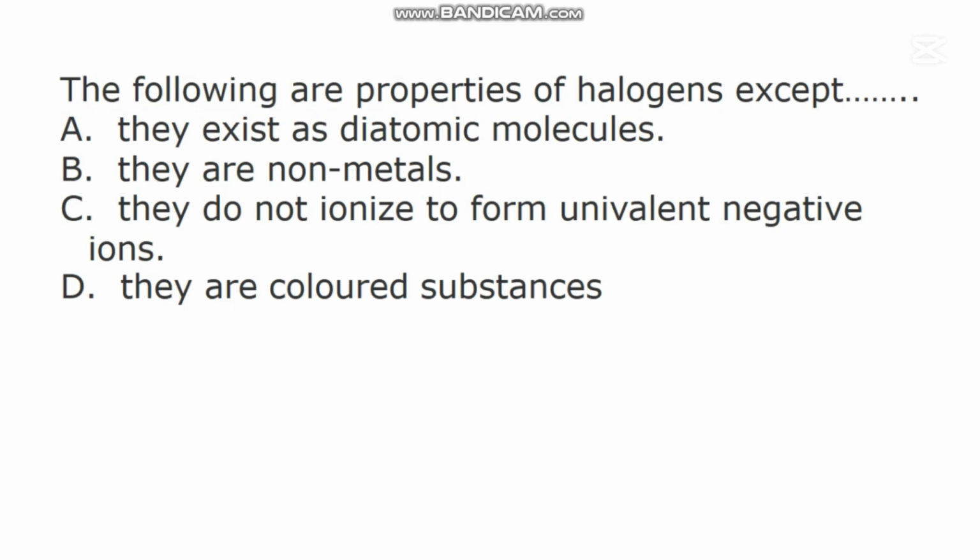In this question, the correct answer is C. They do not ionize to form univalent negative ions. We have already said that halogens are those elements that belong to group 7 in the periodic table. These halogens exist as diatomic molecules. They are non-metals naturally, and they have different colors. All these things are facts about halogens except option C.